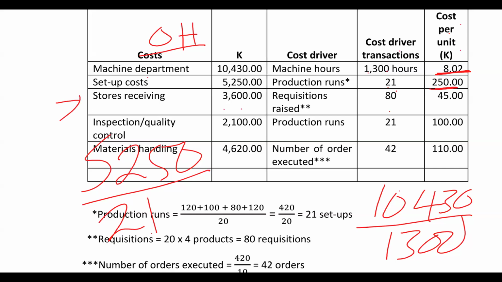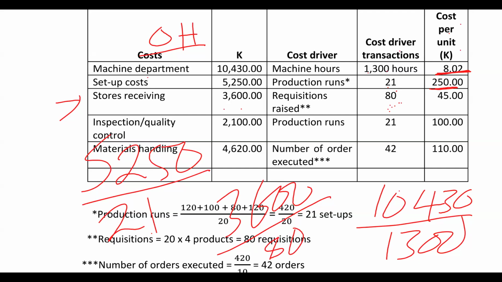So to find the cost per unit, you say 3,600 divided by these 80 requisitions made. When you divide by 80, you'll find 45.